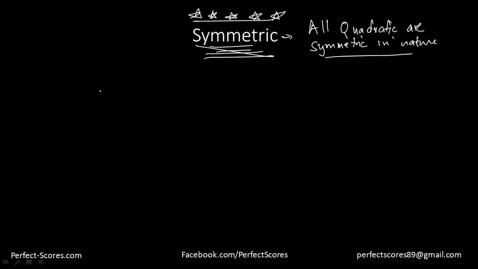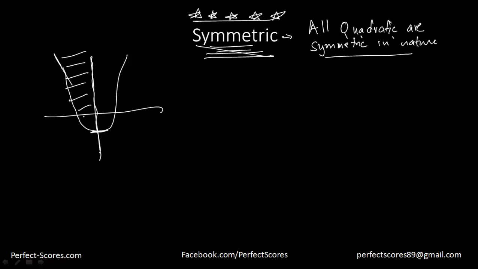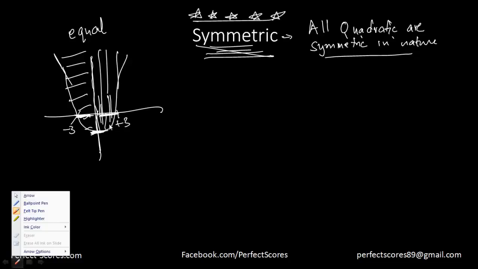Symmetric means that if I take the lowest point and I drop a line from it, the area covered by the graph to the left of the lowest point and the area covered by the graph to the right of the lowest point would always be equal, right? So let's suppose if this is a graph and this over here is the lowest point, then if this is minus 3, that means distance from here to here is 3. That means distance from here to here would be positive 3.